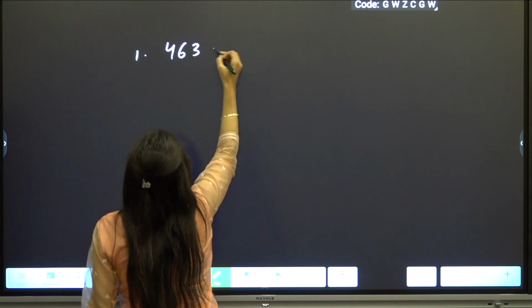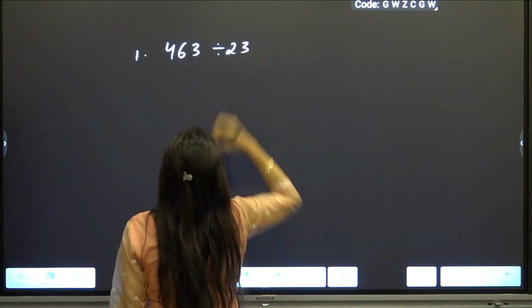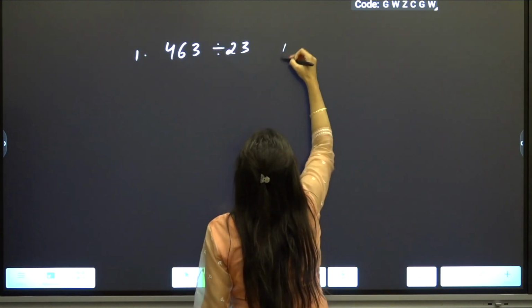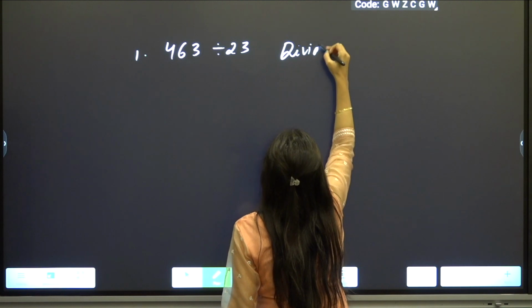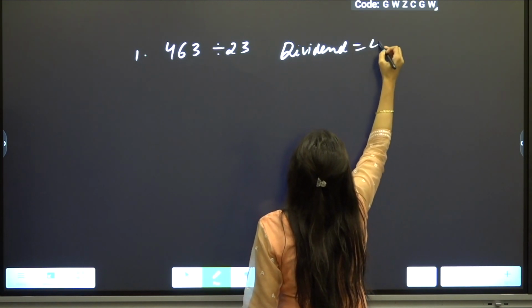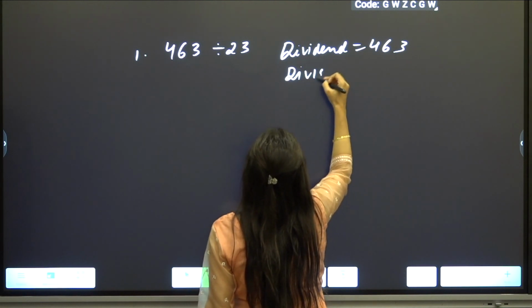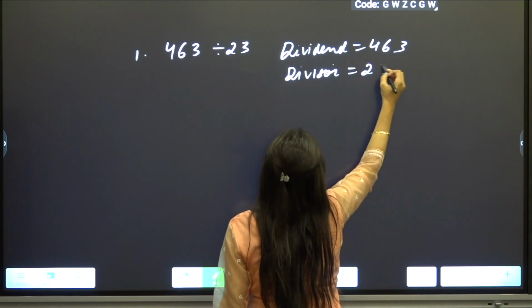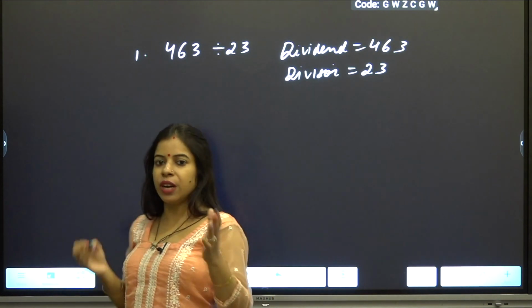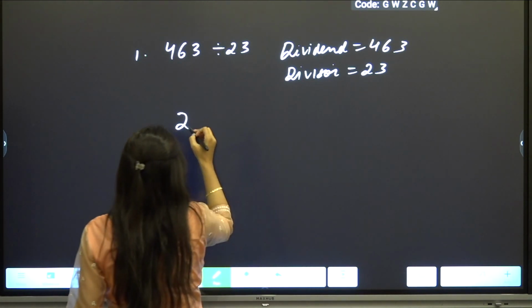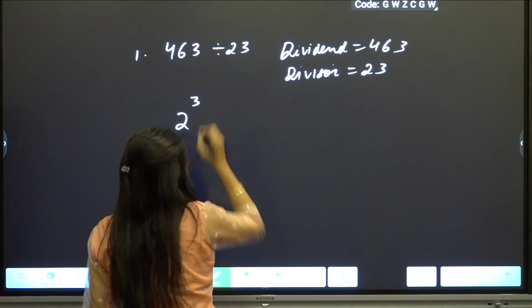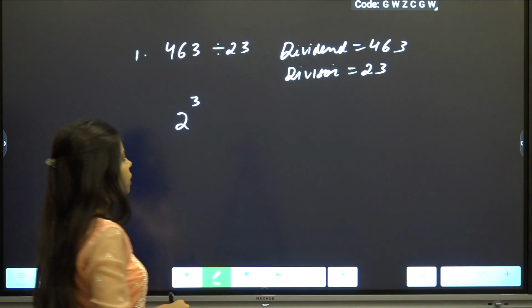Say 463 divided by 23. So dividend here is 463 and divisor here is 23. Now 23 we are going to write like this 2, and on the top or in the power we are going to write 3.